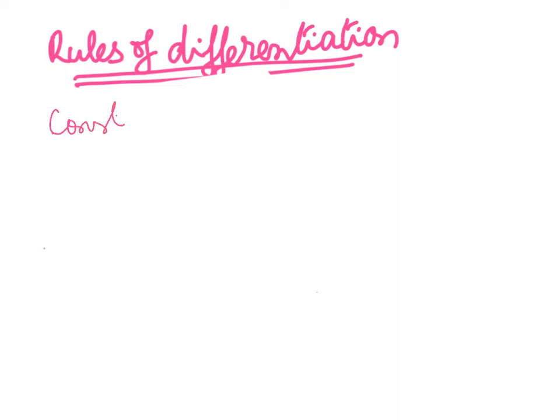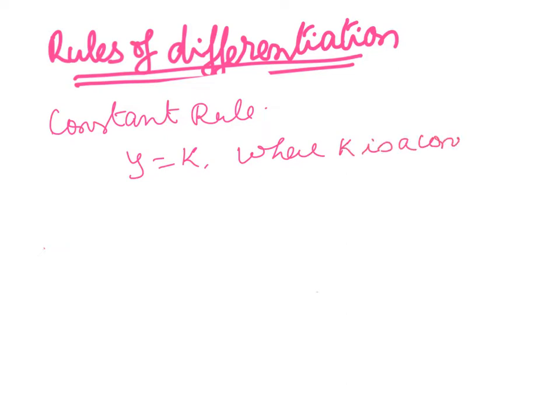Constant rule: if y is a constant, y is equal to k, where k is a constant, then y does not change, therefore dy over dx is equal to 0. X may change, but y is not changing. Therefore, y is a constant, there is no change in y, therefore the derivative is equal to 0.